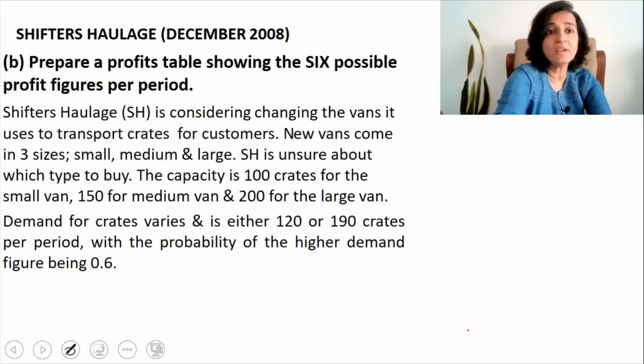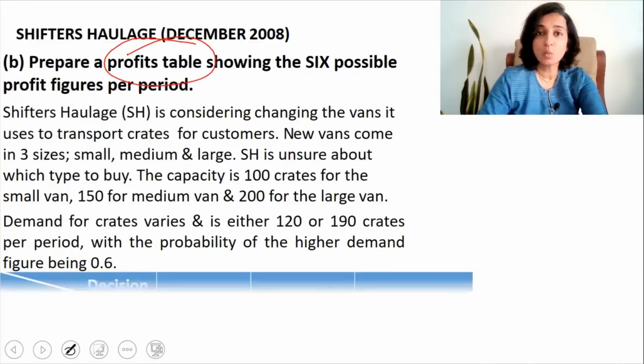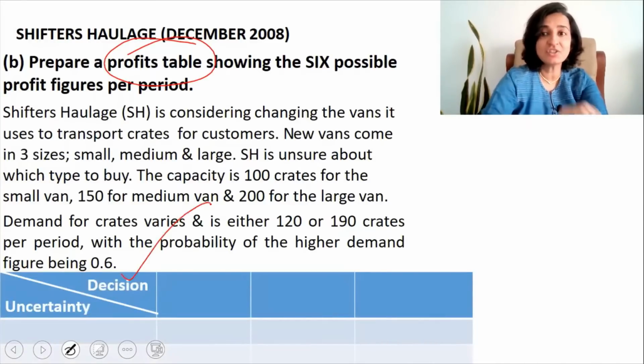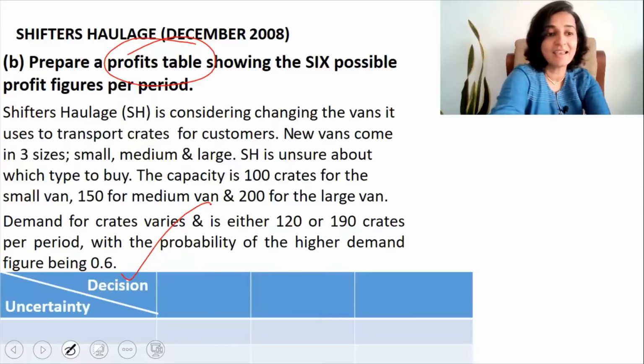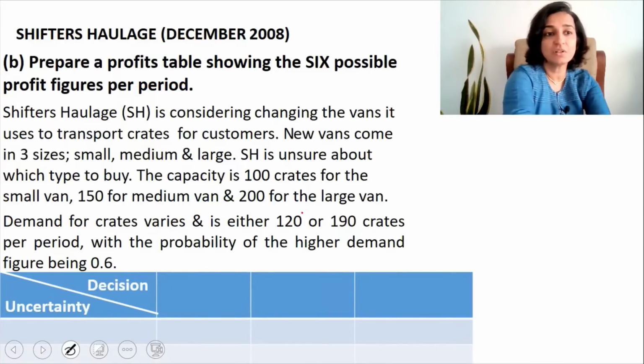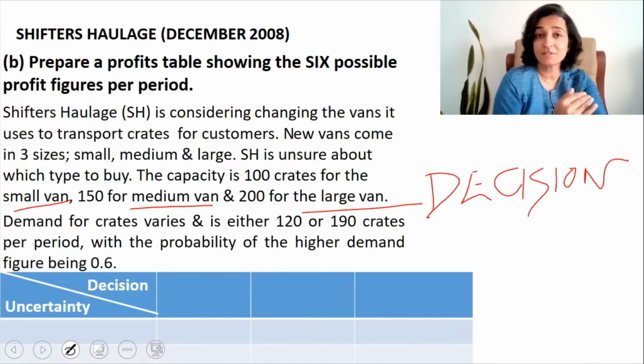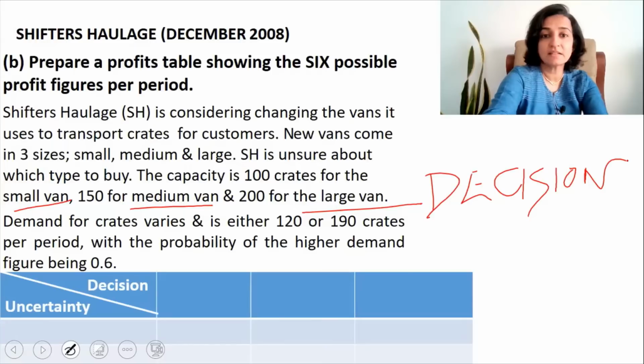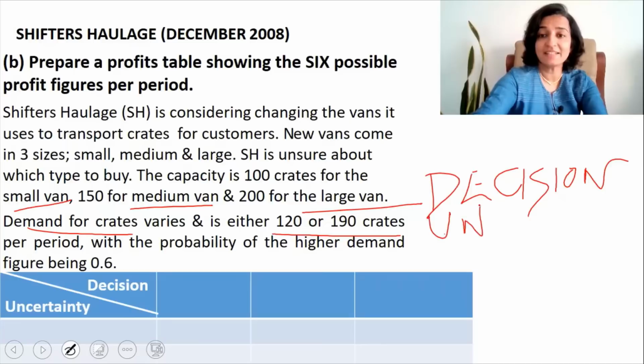Now, whenever we construct a payoff table, we will be plotting the decision as the column headings and the uncertainty as the row headings. So what is the decision? Whether to buy a small van, medium van, or large van. And what is the uncertainty? The uncertainty is the demand for crates, whether it is 120 or 190 crates.